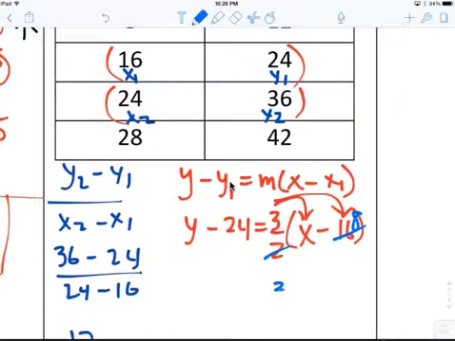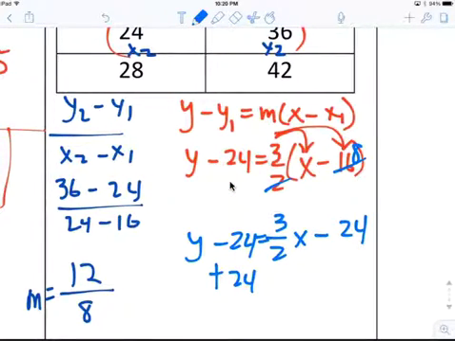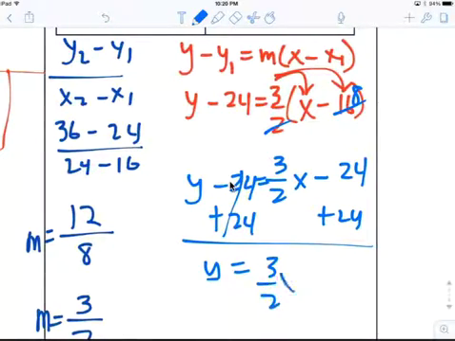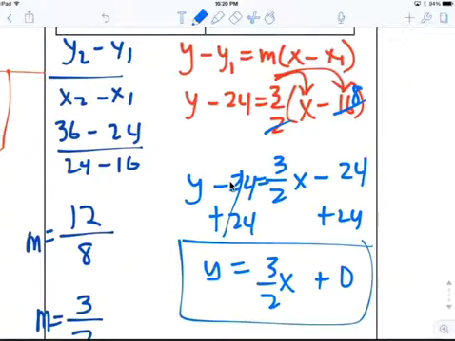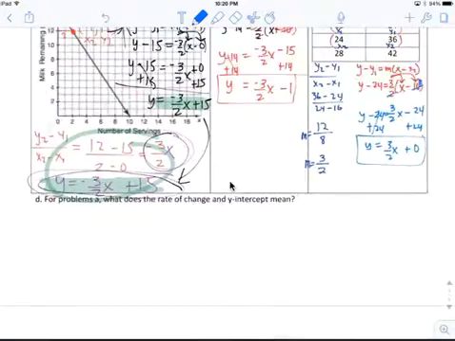So 3 over 2x minus 24. Y minus 24 equals to that. Oh, look, add 24, add 24. Y equals 3 over 2x minus 0 or plus 0, whatever. And 0 is neither negative nor positive, so you can put either plus or minus. Okay? That's how you do that.